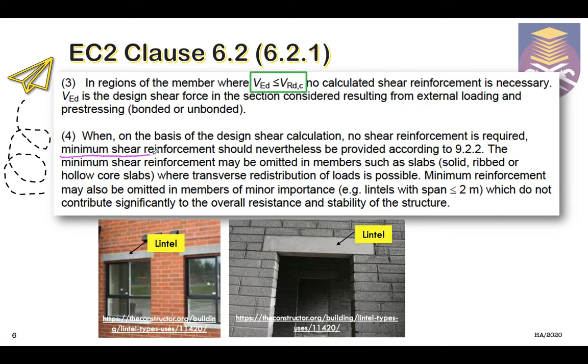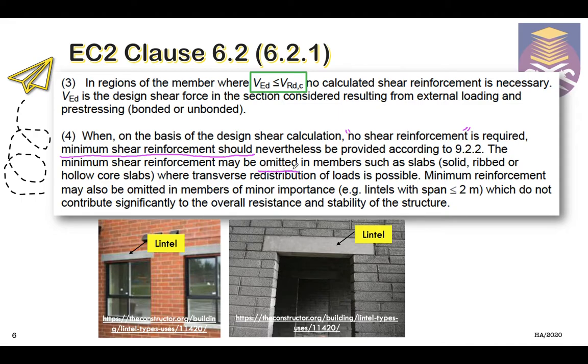So even though we have decided that no shear reinforcement is required, we are going to apply some minimum shear reinforcement. We are still going to provide the links, however the calculation for that provided link will be minimum.